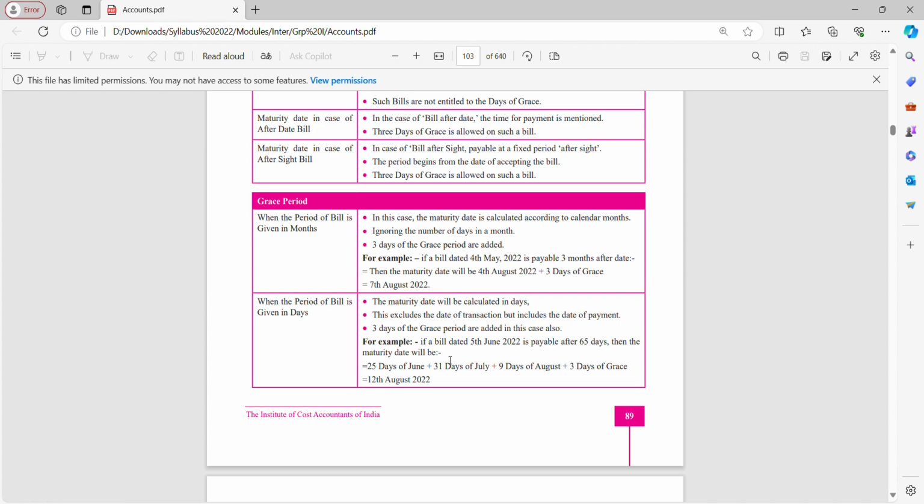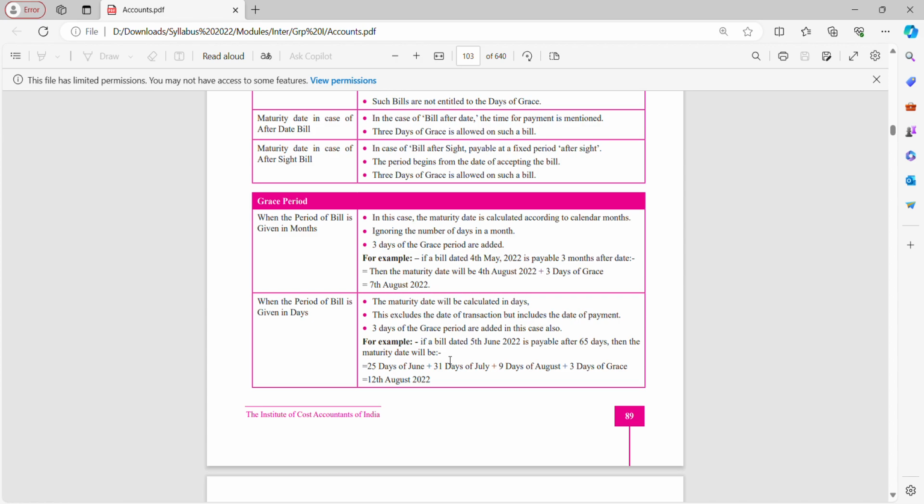If it specifies in the form of years, which is very difficult, no one gives credit period for years, then it will be 365 days. So in this case, the maturity date is calculated according to calendar month, ignoring number of days in a month. 3 days of grace period are added.